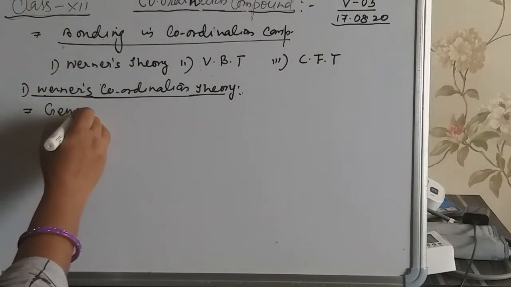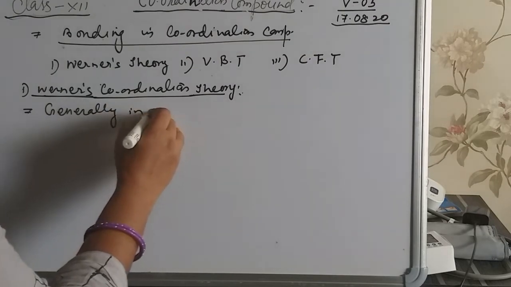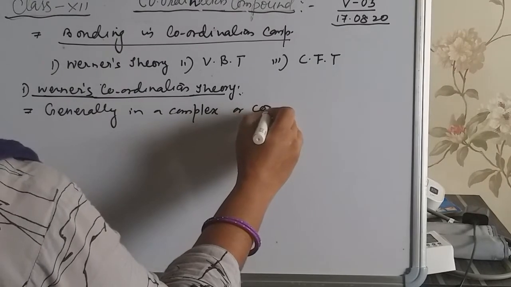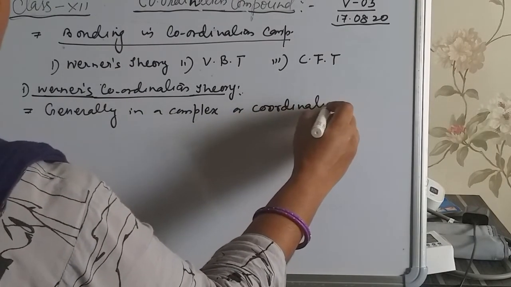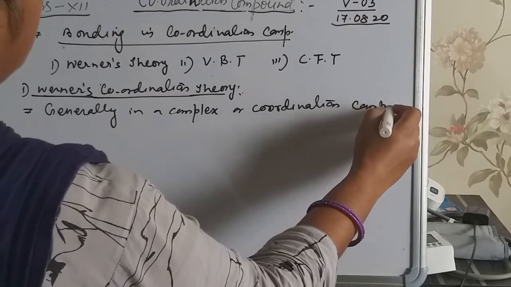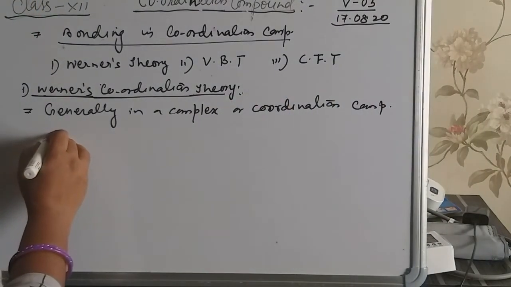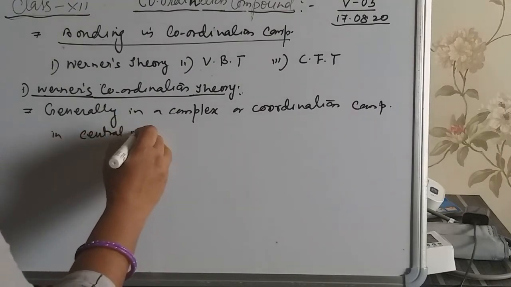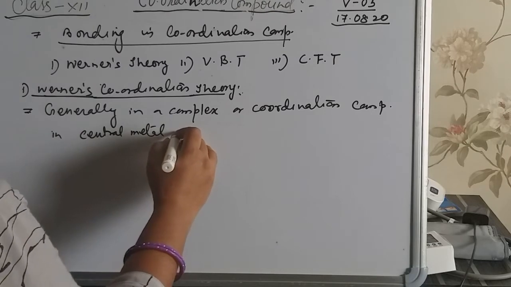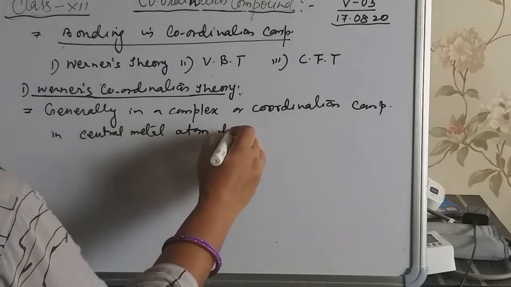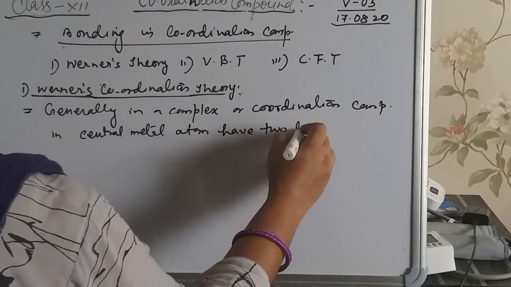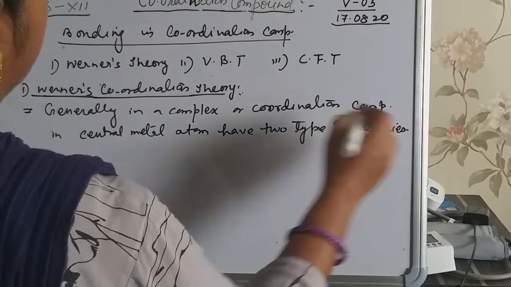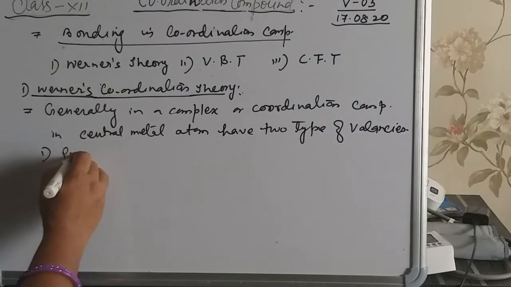Generally in a complex or coordination compound, the central metal atom has two types of valency: primary valency and secondary valency.